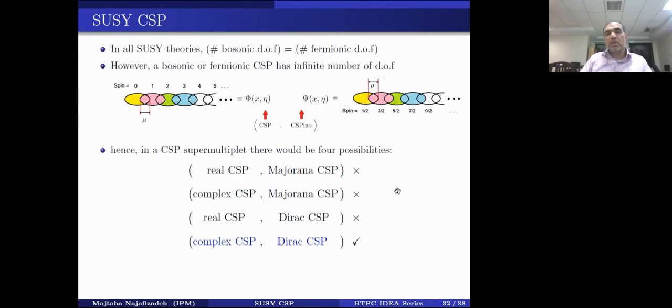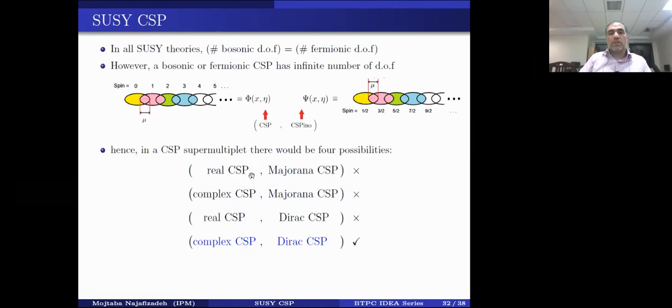But for fermionic CSP, due to the existence of mu, this mu plays a role like mass in the massive Dirac equation. So we showed that the fermionic continuous spin equation cannot decompose into two Weyl equations.